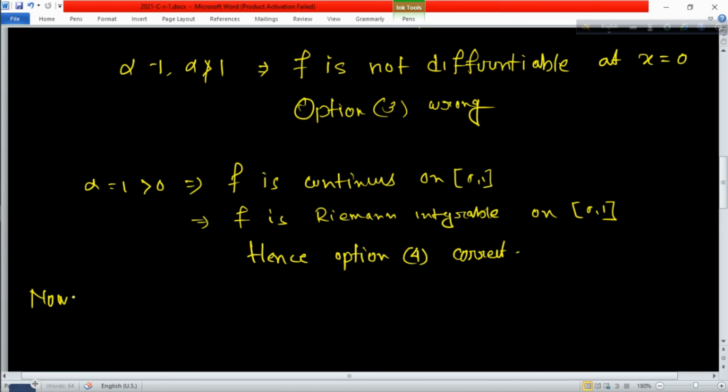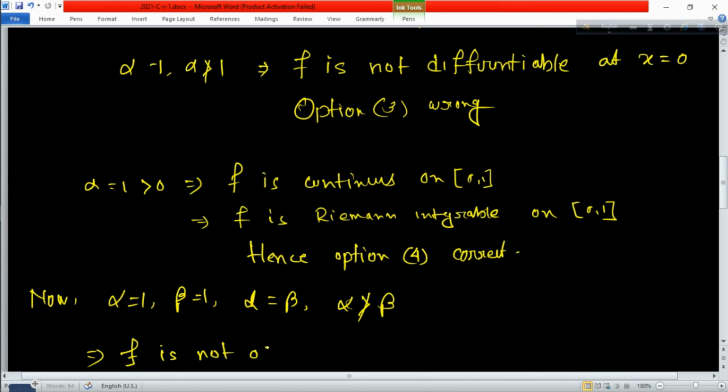Now, here alpha equals to 1 and beta equals to 1, so alpha equals to beta. Alpha is not greater than beta. So this implies f is not a function of bounded variation on [0, 1].